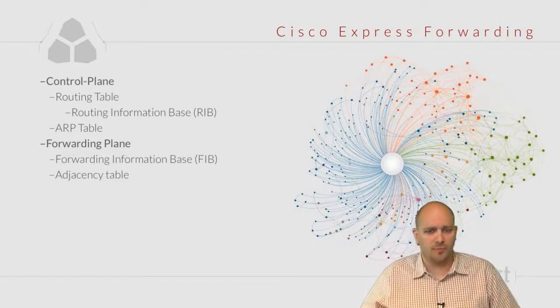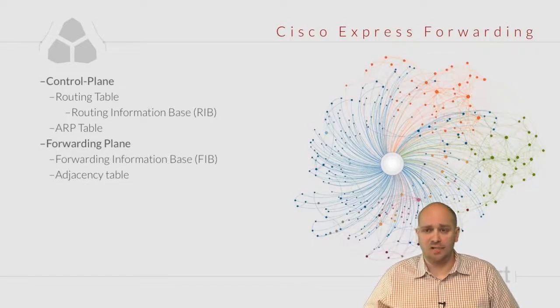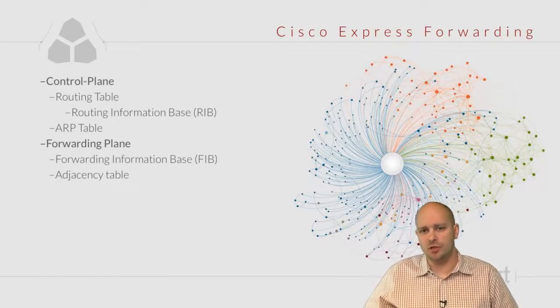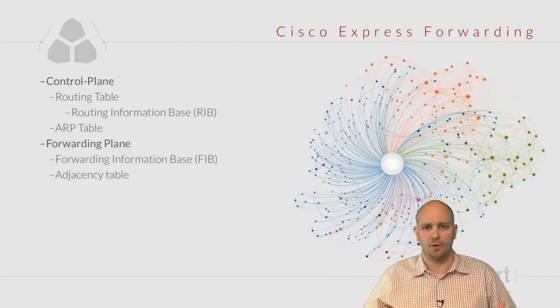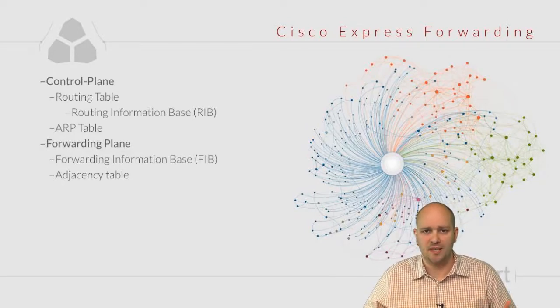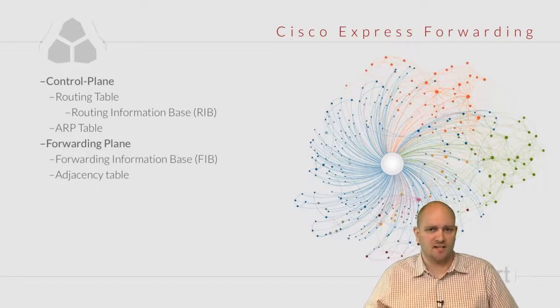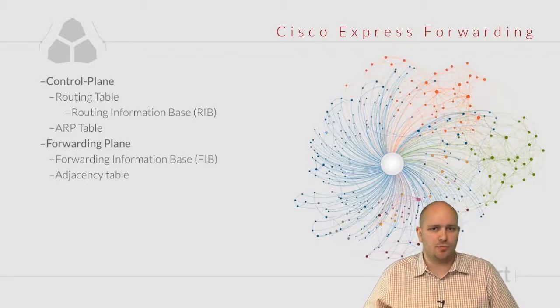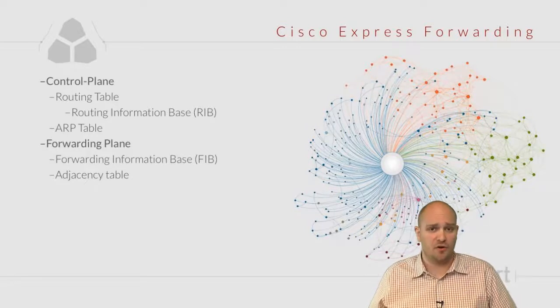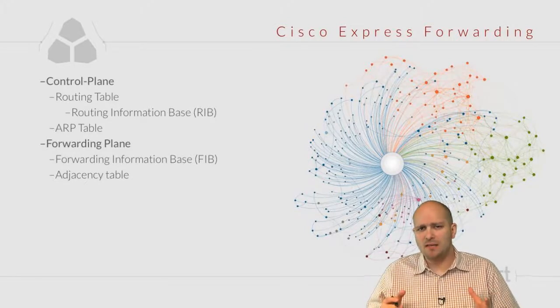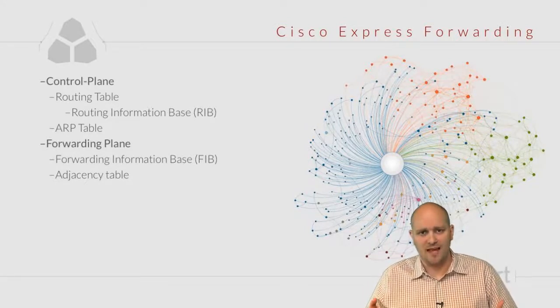Now, if you're unfamiliar with these terms, better start getting familiar with them, because when you start exploring concepts like multi-protocol label switching, MPLS, or any modern advanced networking technology, this separation of control and forwarding functions becomes very, very important. So let me try to explain what that is.